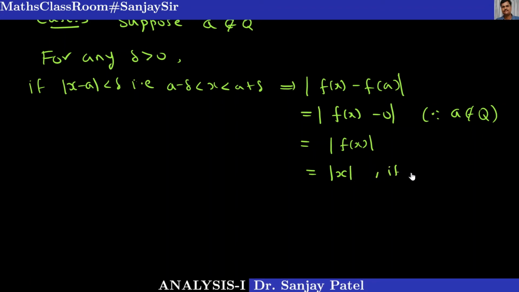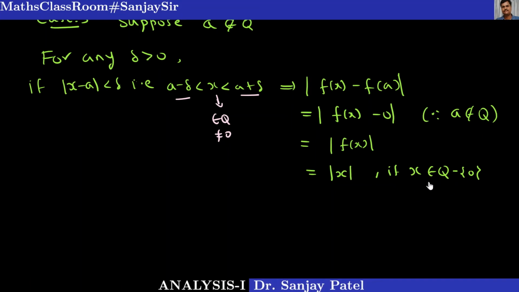Okay, I want to choose some particular value, x equal to x0, or say simply x. If I choose x belongs to Q, and I take that particular x as a non-zero rational number, there are infinitely many rational and irrational numbers between a minus delta and a plus delta. So I choose some x which is a rational number not equal to 0, and that is possible.